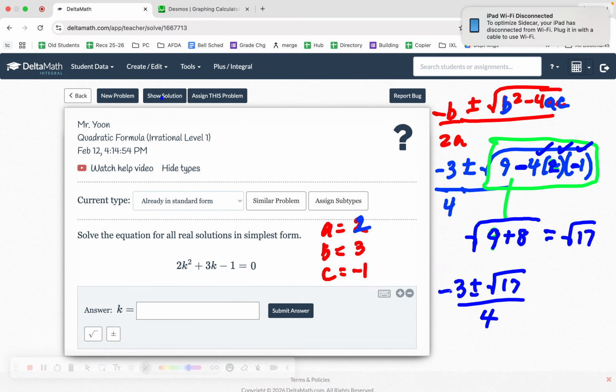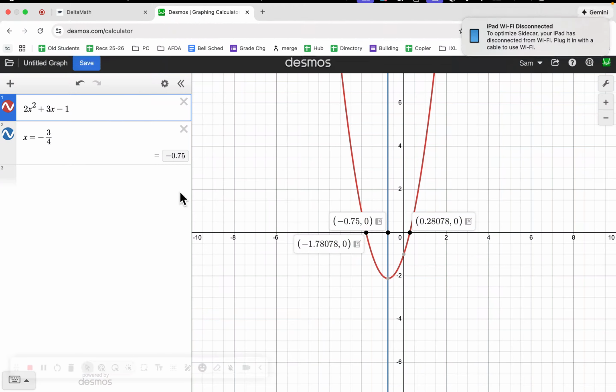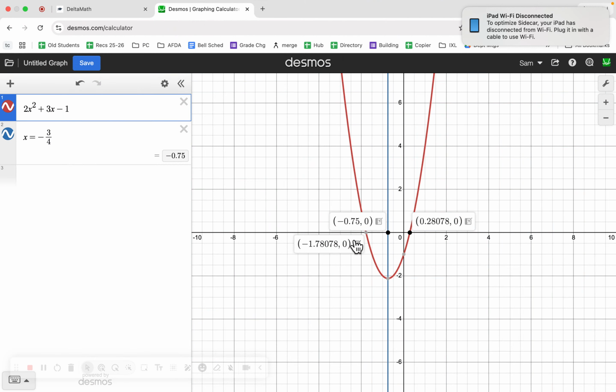Now, this is what you're going to put, and it gives you a plus minus symbol, so you can do that symbol, and a square root symbol, so you can do the square root, all over 4. But you know what? Just for fun, let's calculate this and see if these two numbers equal this number, the negative 1.78, blah, blah, blah, and the 0.28.